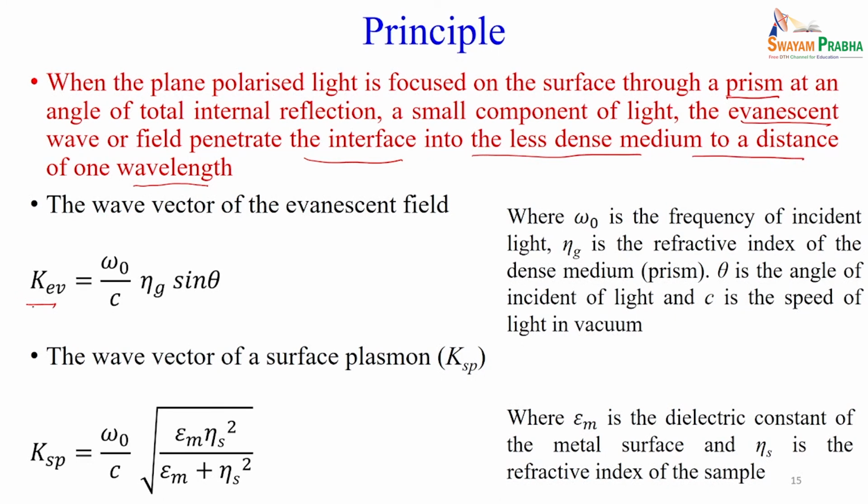So, KEV, or the wave vector of the evanescent field, is directly proportional to 1 upon lambda, and is equal to the expression where c is the speed of light, omega is the frequency of the incident light, Ng is the refractive index of the dense medium, or you can say that of the prism, and theta is the angle of incidence.